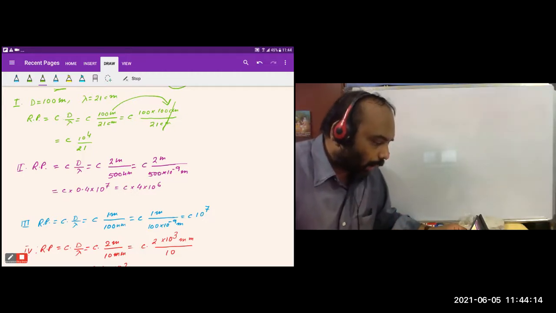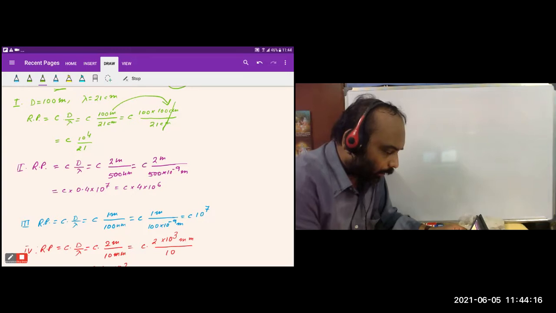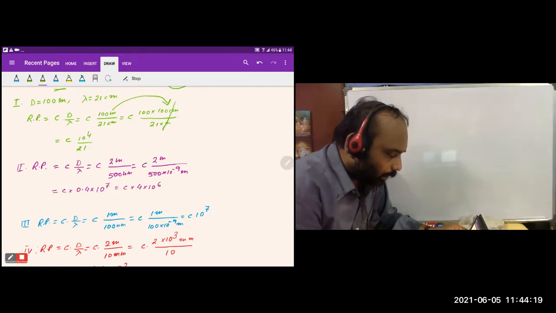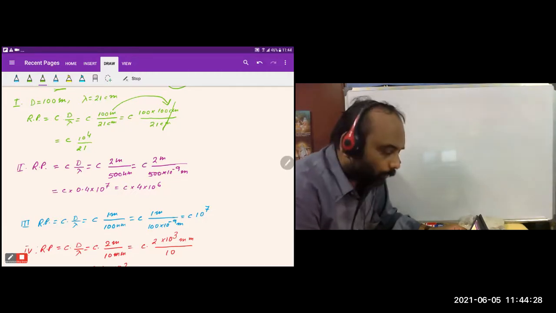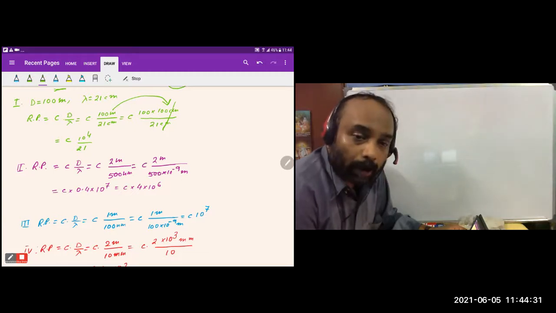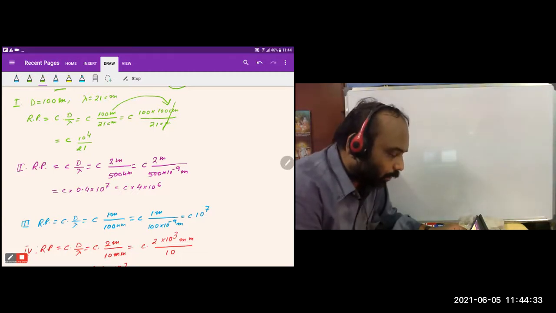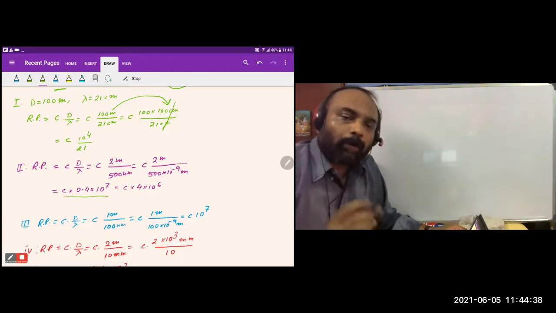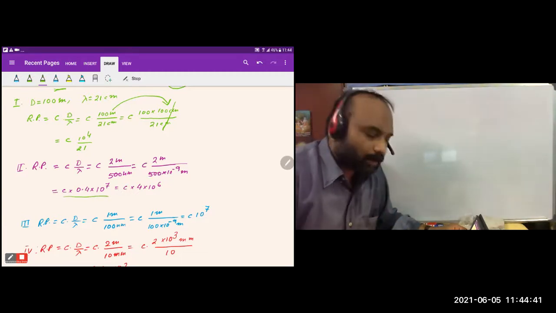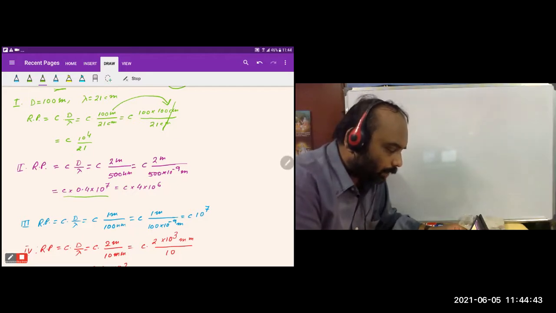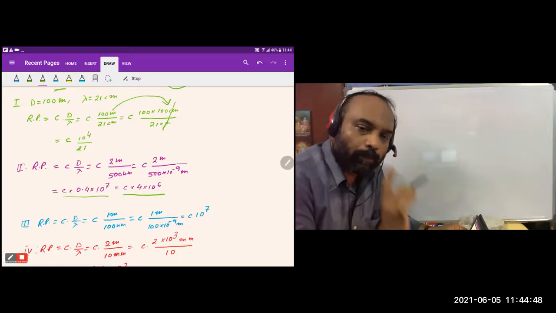Telescope 2, RP is C times D by lambda. D is 2 meter, lambda 500 nanometer. So I have converted nanometer into meter. So 1 nanometer is equal to 10 to the power minus 9 meter. So I got 0.4 times 10 to the power 7 times that constant C. That gives me C times 4 times 10 to the power 6.